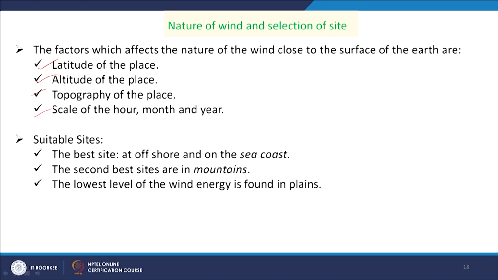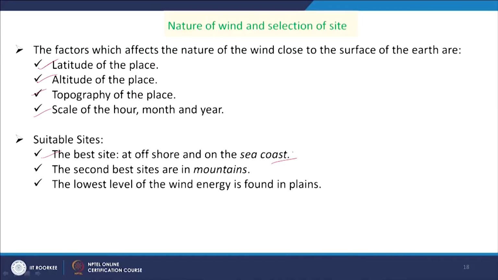And then suitable sites for wind energy installation: the best sites are offshore and on the sea coast, as we know that in both daytime and night time there will be wind, with a direction of wind in both cases. So, at shore, offshore and on the sea coast is the best place for installation of wind turbines, and the second best sites are in the mountains where the height is high, so air velocity will be more.